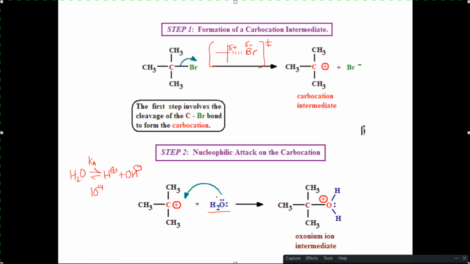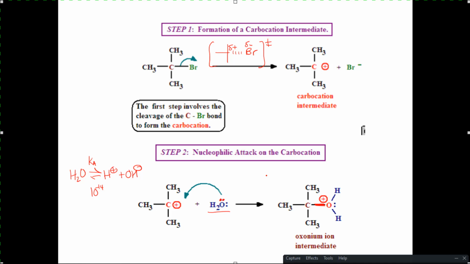Make it a neutral nucleophile. And so what happens? The water's oxygen takes a lone pair of electrons and donates it to the carbocation to form the bond. So this pair of electrons right here was this lone pair. And the oxygen is left with one lone pair because it used up one to form this bond.